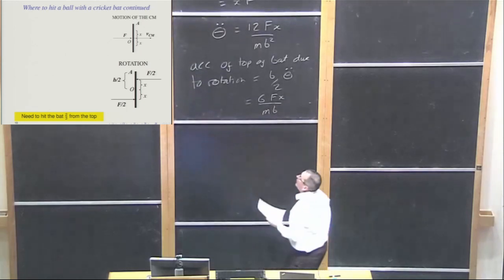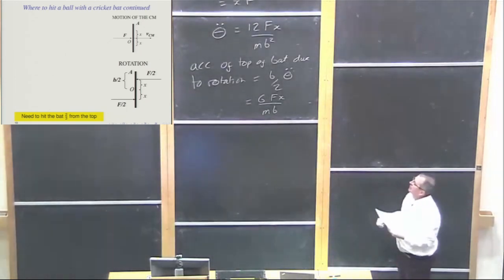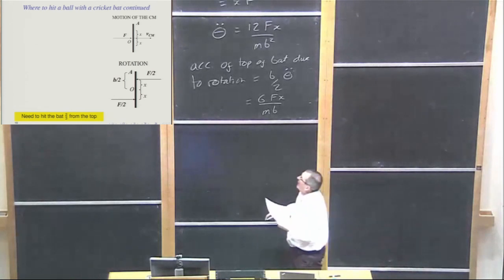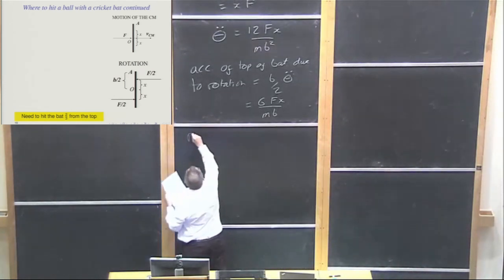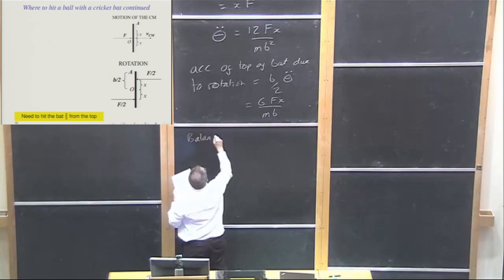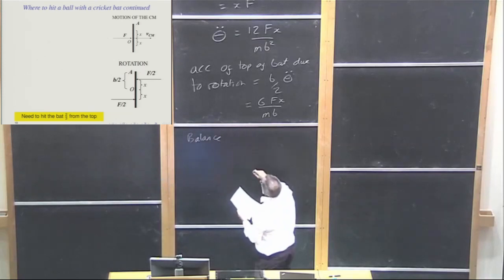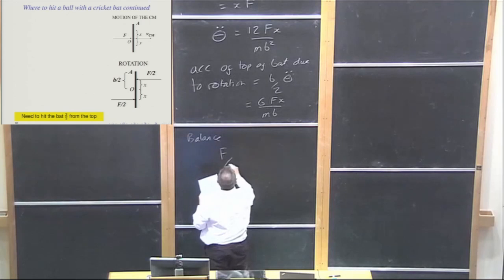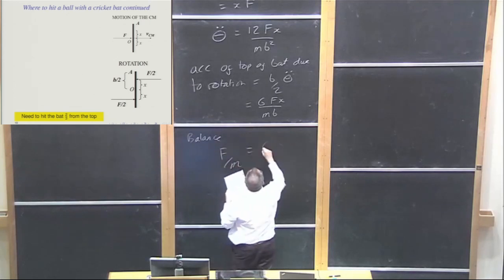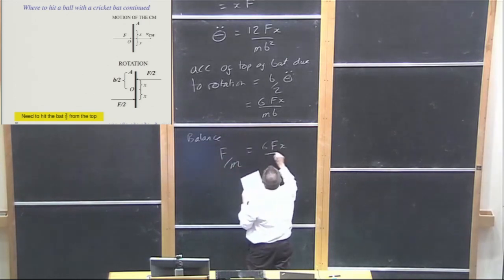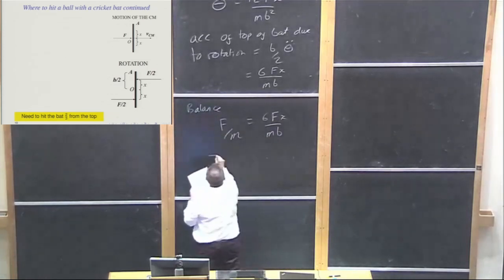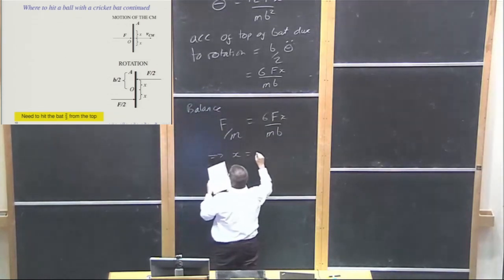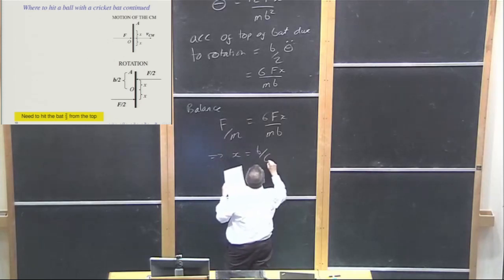Okay, so this balance condition, such that the top of the bat does not move, is when we equate this to the translational acceleration. So F over m equals 6fx over mb, and so x equals b over 6.